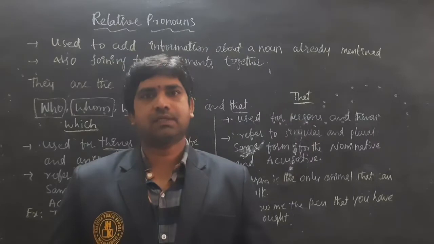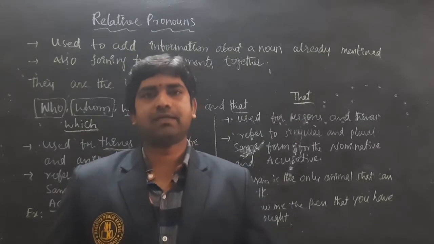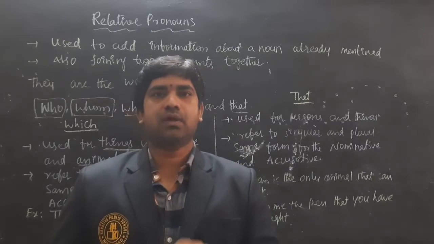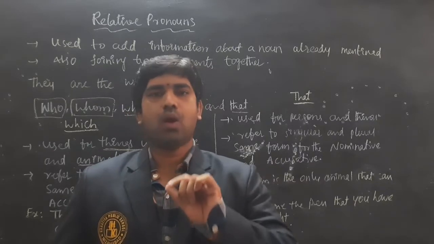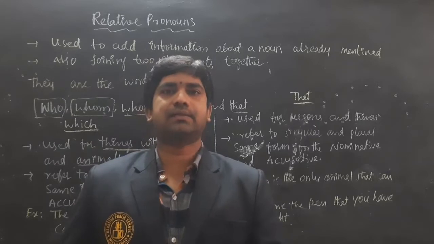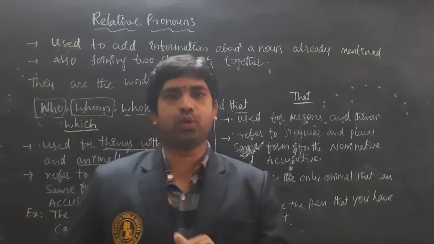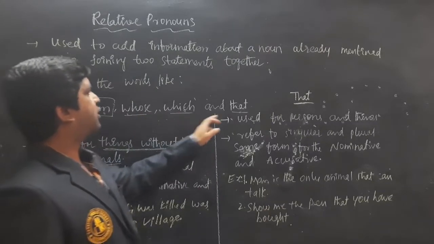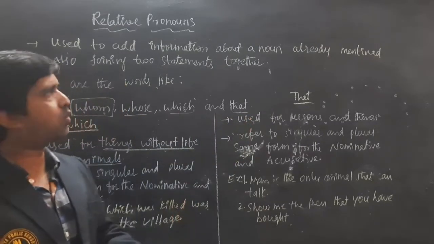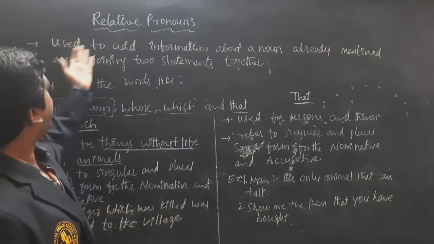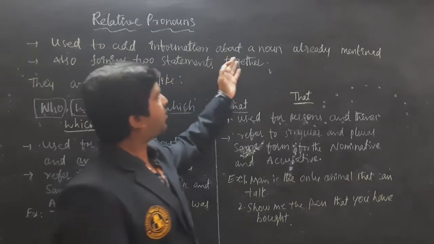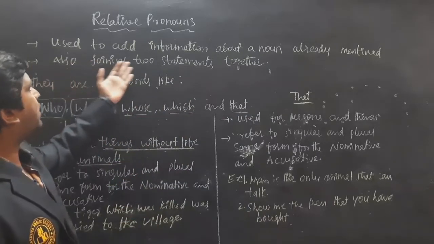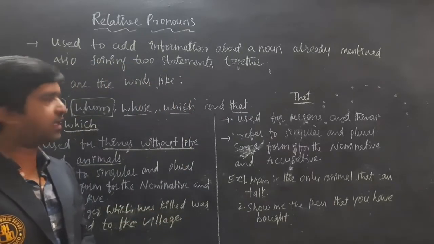Relative pronouns. In the previous class, I told you how to use relative pronouns who and whom. In this class, I will discuss how to use relative pronouns whose, which, that. As I told you earlier, relative pronouns are used to add information about nouns already mentioned and also to join two statements together.